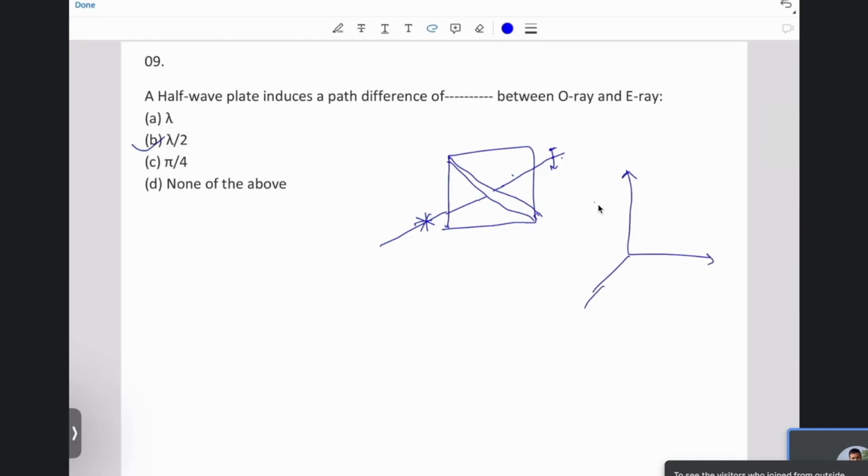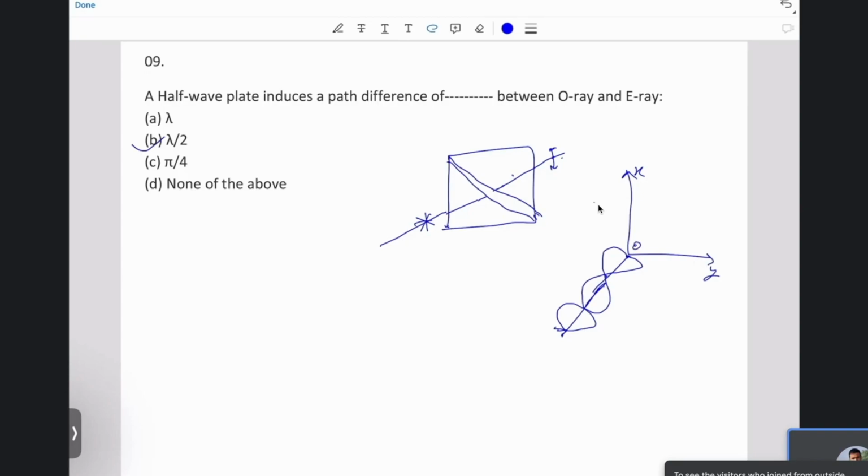Then to get a circularly polarized light, you can superimpose those two lights together. Two linearly polarized lights, one vibrating in x direction, and one vibrating in y direction. Now suppose you consider this origin here.